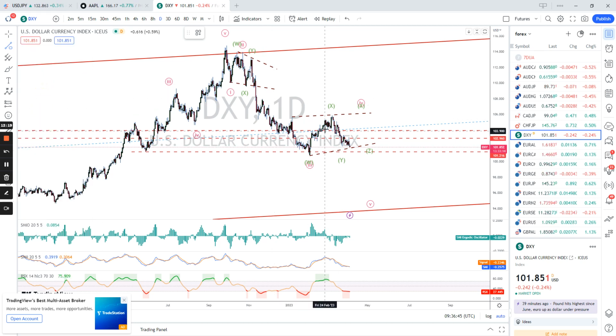Then in that case we have a long trade. Let me just show you this wedge we have formed here.